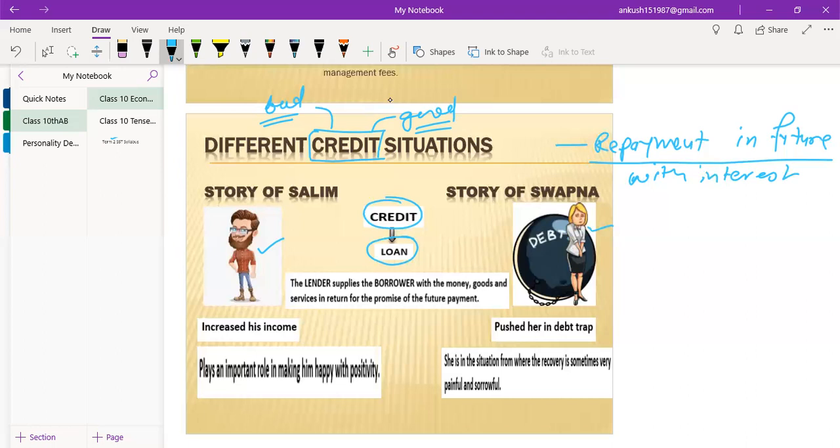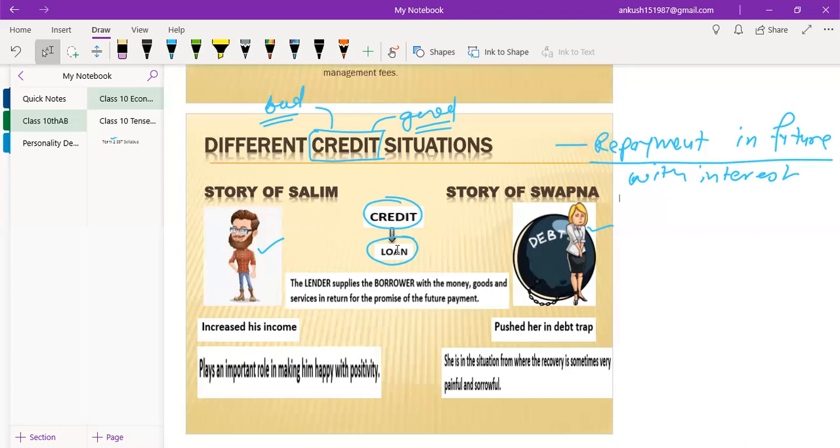Also, to receive a loan, the borrower should have property worth more than the loan amount. That is a collateral, which we are going to study after this. That is a form of security which the bank keeps with it.